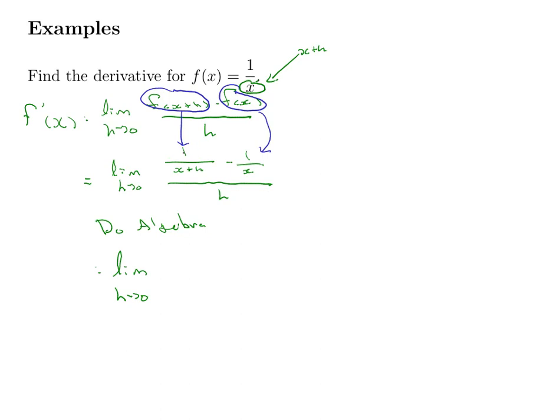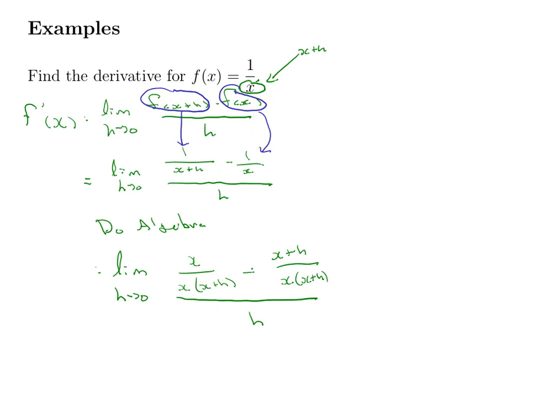I'm going to multiply this first fraction by x over x, so I'm going to have x over x times 1 over x plus h minus 1 over x times x plus h over x plus h. I'm just multiplying both of these fractions by the opposite denominator, just like we would do in a regular fraction setup if we were subtracting fractions with regular numbers.